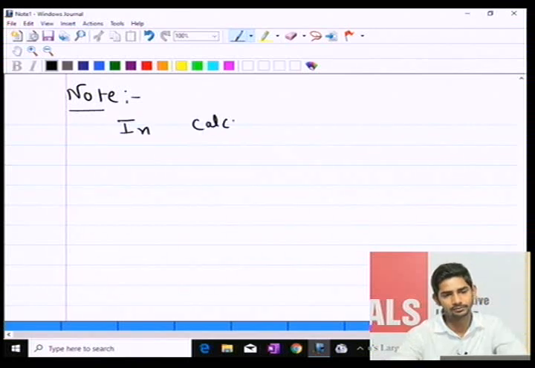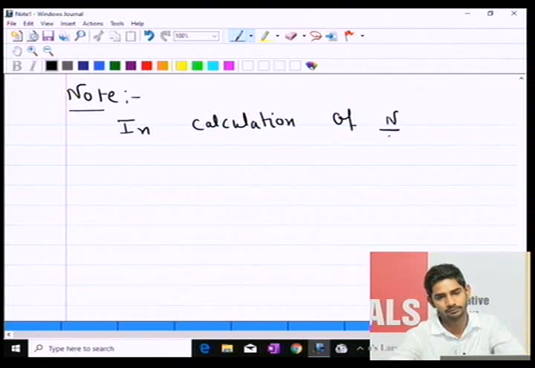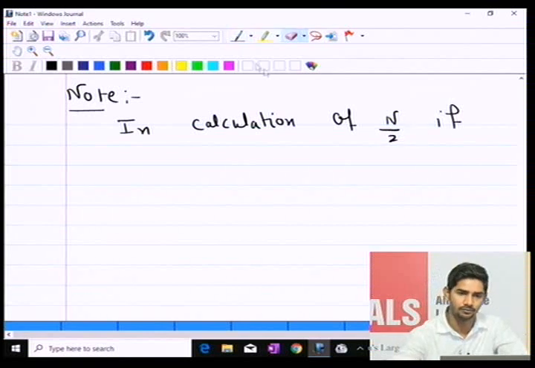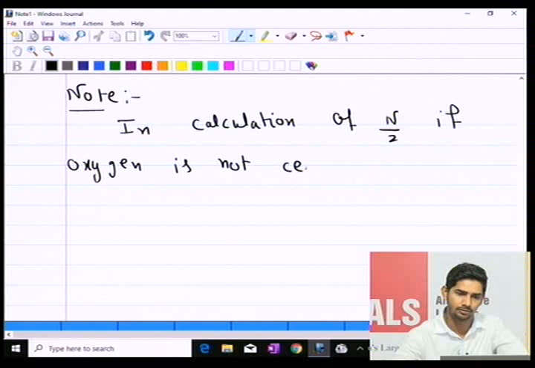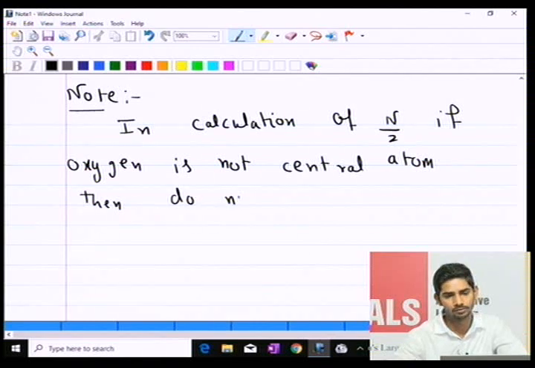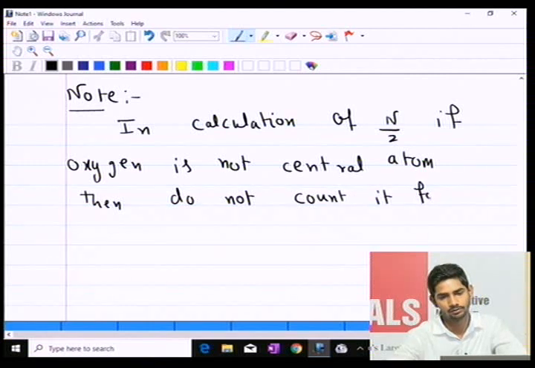In calculation of n by 2, if oxygen is not central atom, then do not count it for n by 2 calculation.